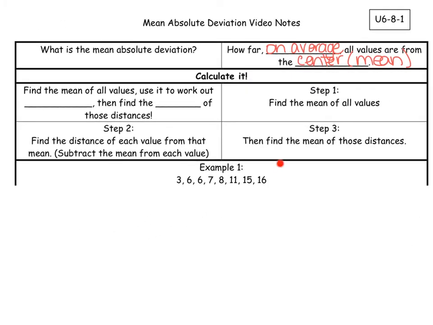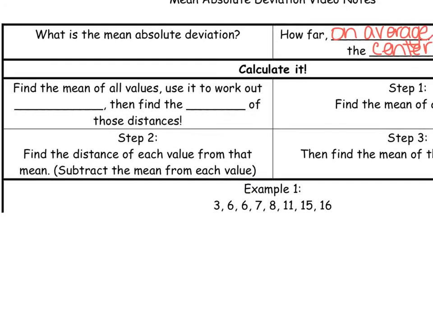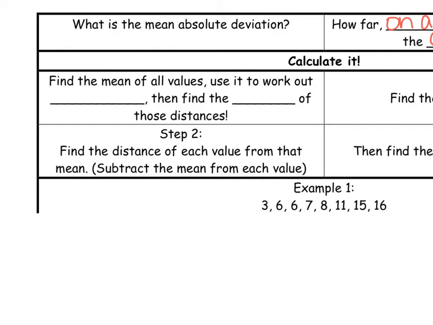So if we're looking at this data set right here, how do we calculate the mean absolute deviation? Well, the first thing we're going to do is find the mean or the average of all the values in the data set and use it to work out how far, or the distance, each value is from the mean, and then find the mean of those distances.